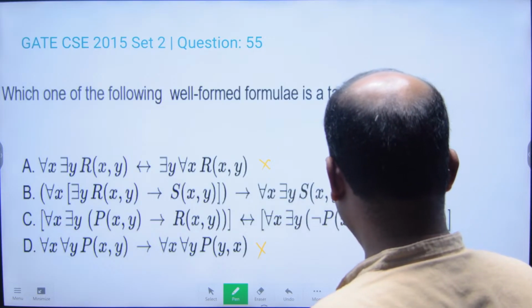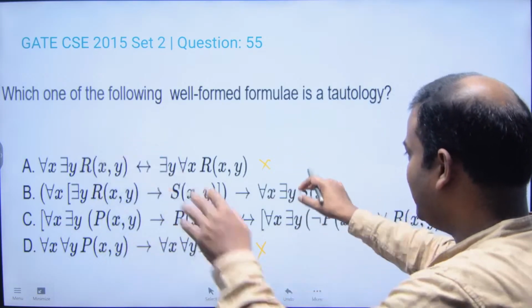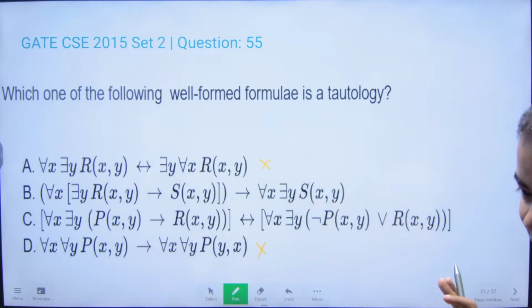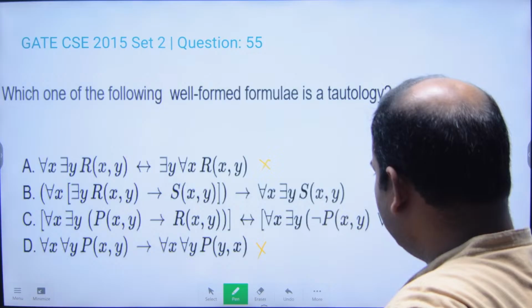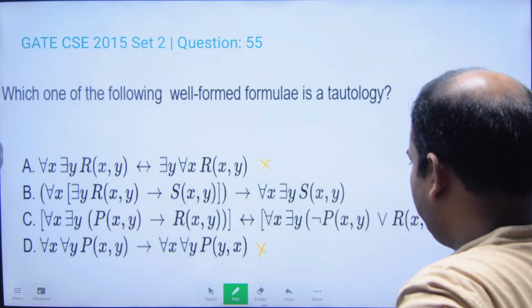Yes, the order is the same. So that's why the answer will be B and C only. The order is the same: for all x there exists y.